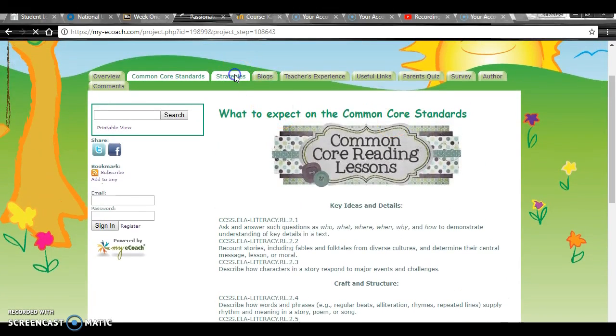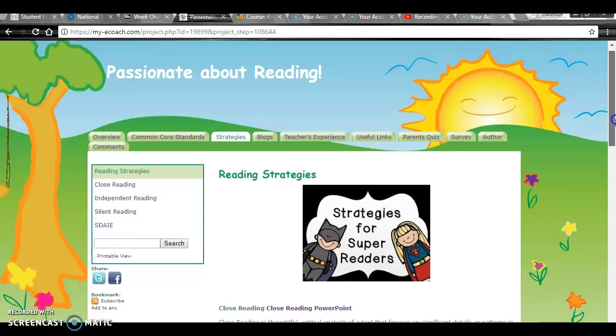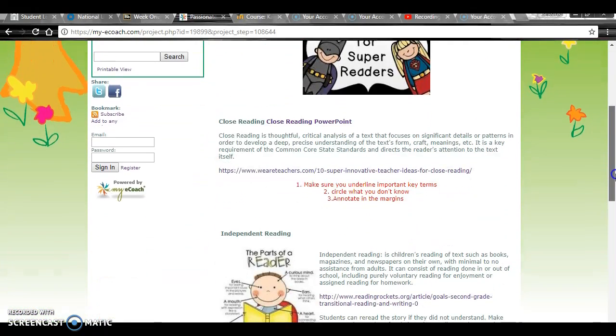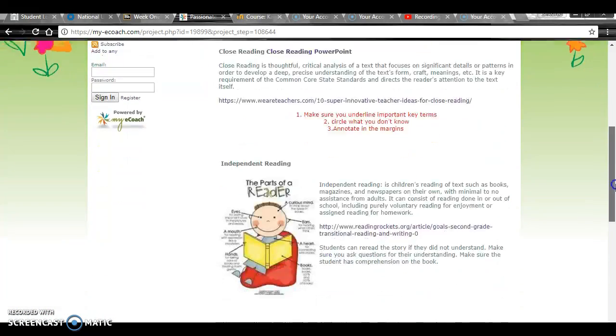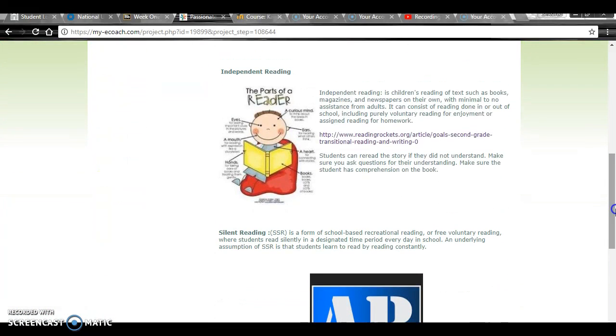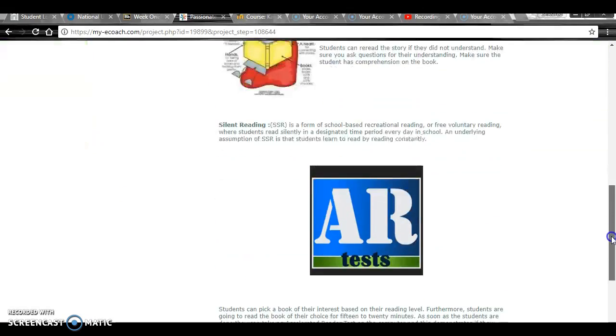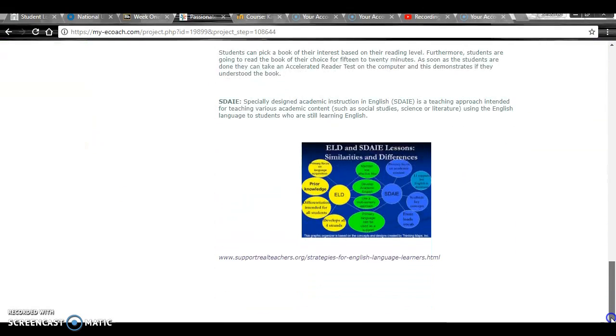Now there's some strategies. The strategies that I use in this classroom, I explain the close reading, and we talk about silent reading in the course. And if you have any English language learners, the SEDAI is a very good tool to use in the classroom.